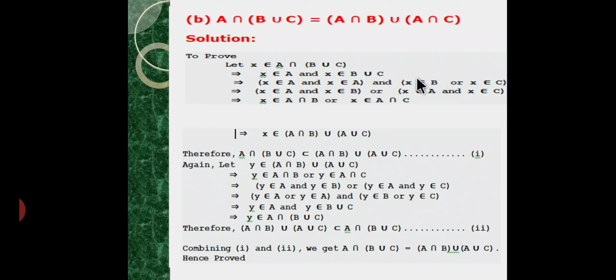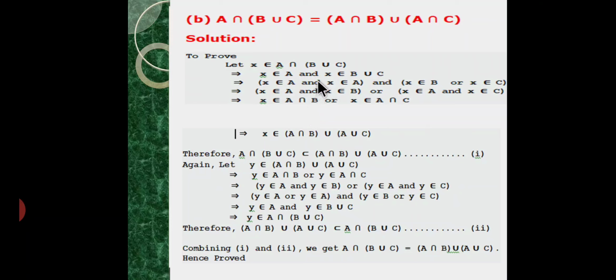Now we group: x belongs to A and x belongs to B, or x belongs to A and x belongs to C. From this we write x belongs to A intersection B or x belongs to A intersection C. Here we consider x belongs to A intersection (B union C). Here we proved x belongs to (A intersection B) union (A intersection C).